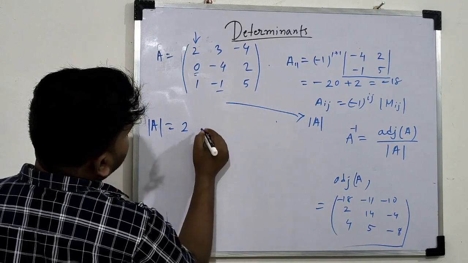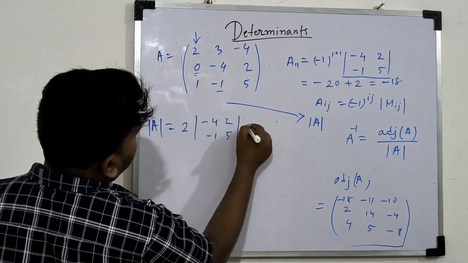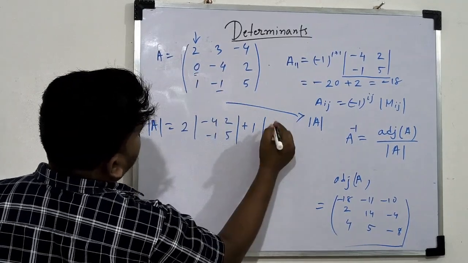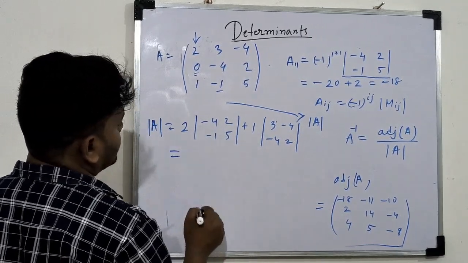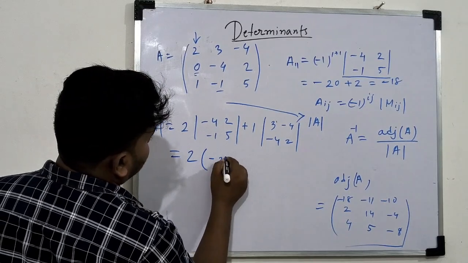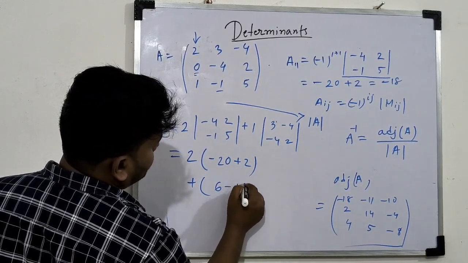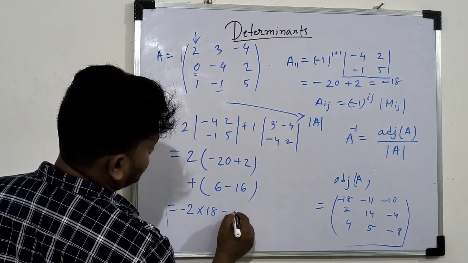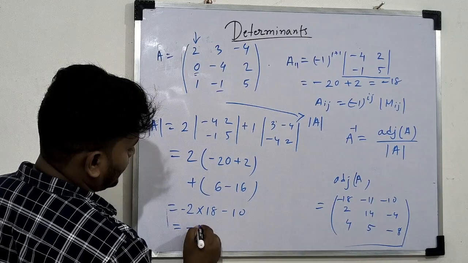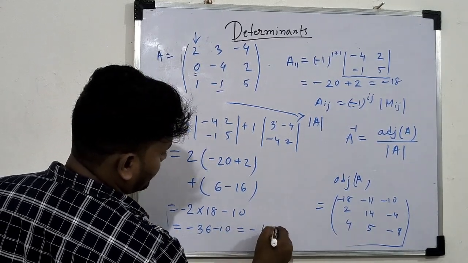So 2 into minus 4 2 minus 1 5, minus 0, plus 1, so 3 minus 4 minus 4 minus 4 2. So this will be 2 into minus 20 plus 2, plus 1 into 6 minus 16. So 2 into minus 18 minus 10, so minus 36 minus 10, that is minus 46.